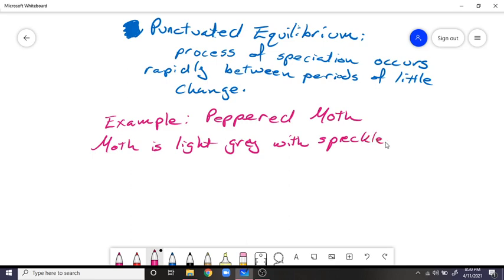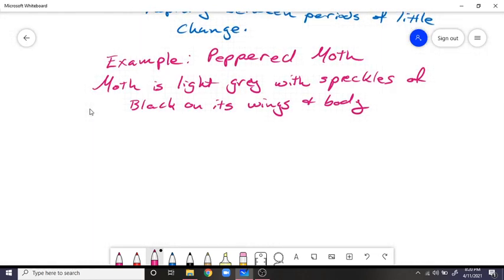S-P-E-C-K. With speckles of black on its wings and body. You can imagine that it probably looks like lichen found on the sides of trees.